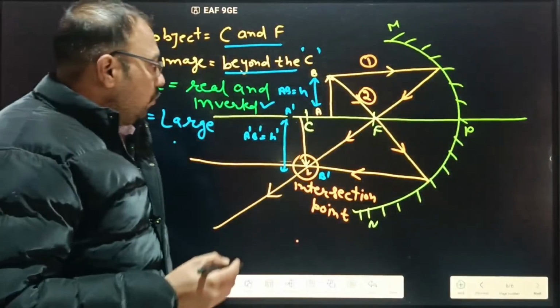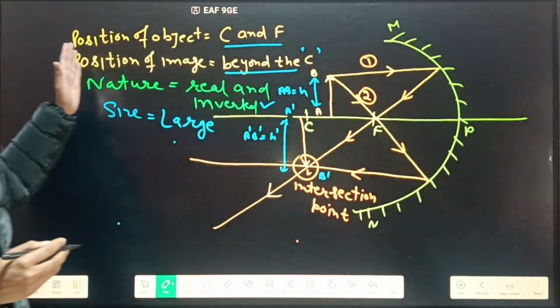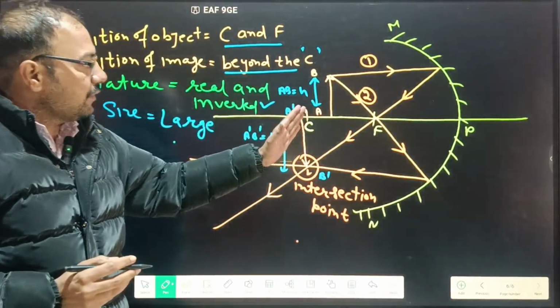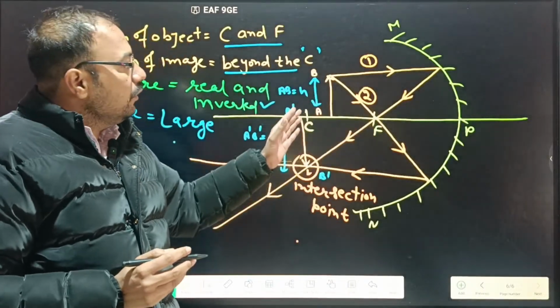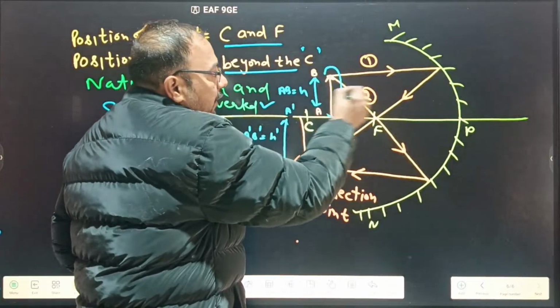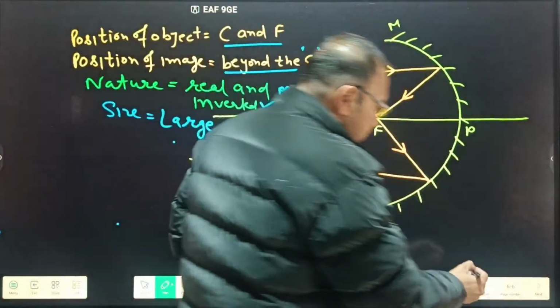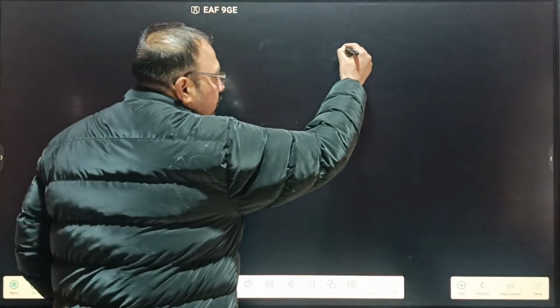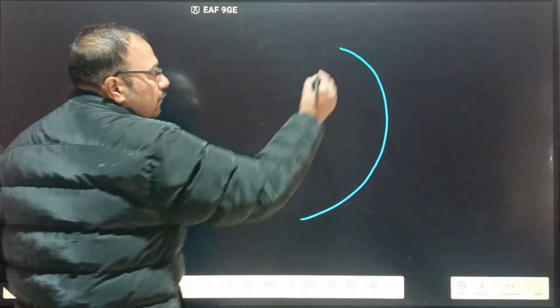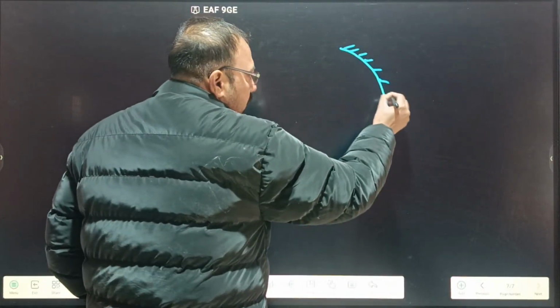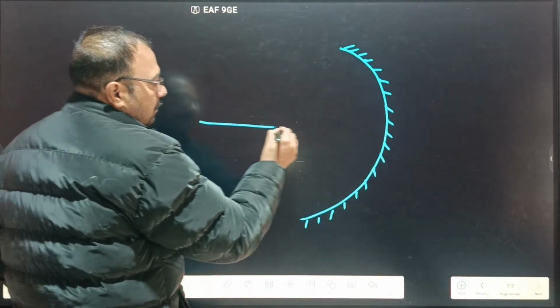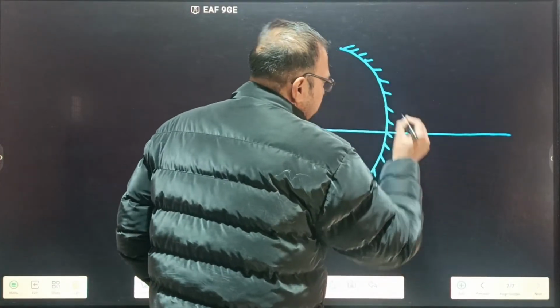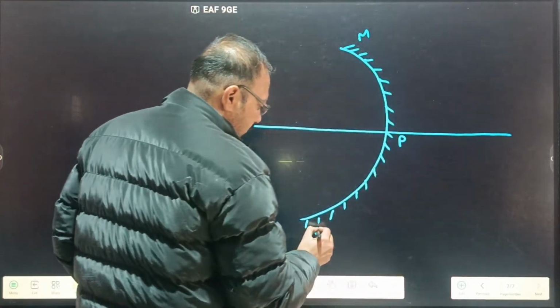Okay, so here basically we move object from infinity toward the center of curvature, and after center of curvature toward the focus. So next we put this object at the focus. So we make here a diagram.